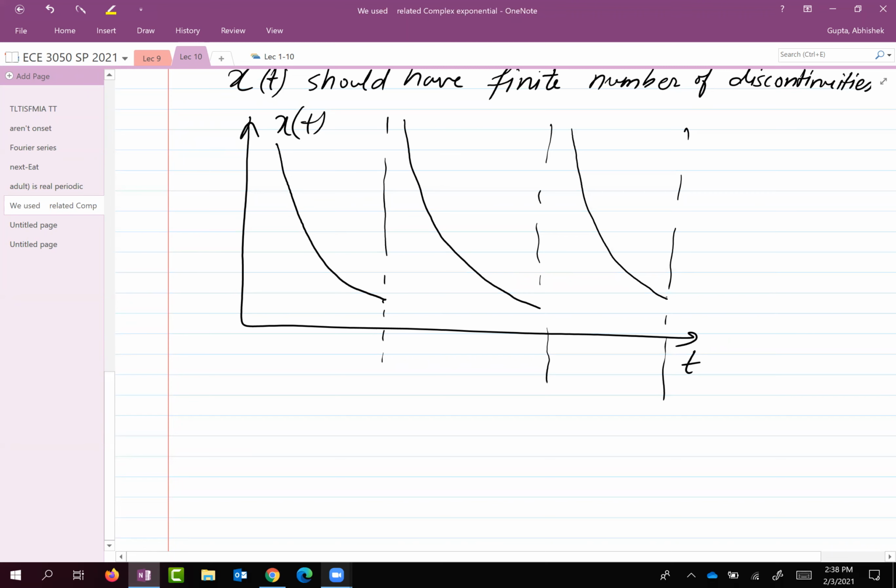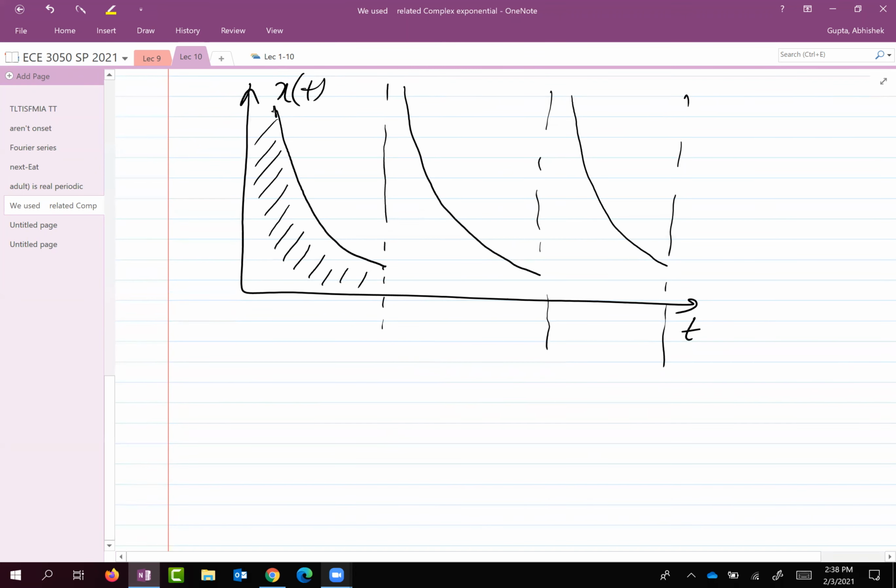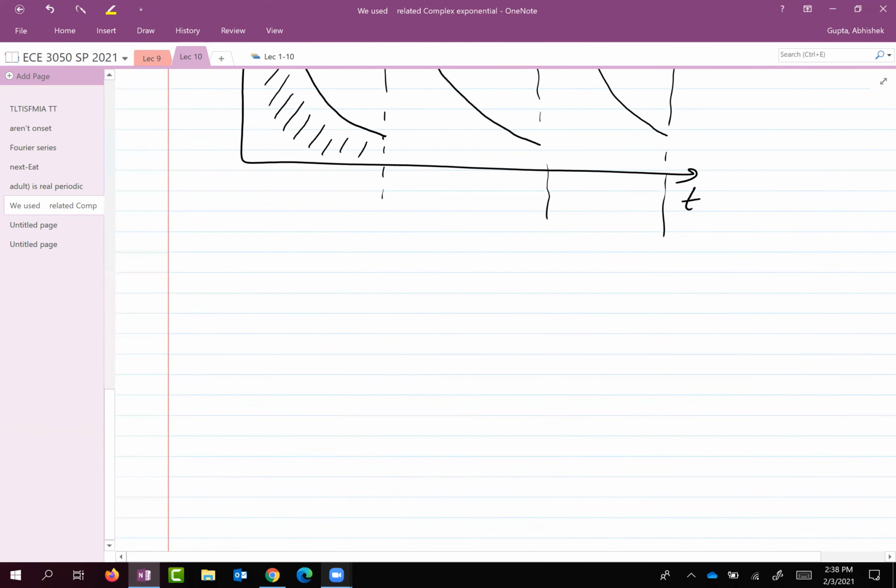It's a periodic signal with period 1, but the area under the absolute value of x(t) is actually infinity. So you cannot represent this type of signal in a Fourier series form. This is the area under the curve, and it is infinity because this line goes all the way to infinity. So the area is infinity, and therefore this cannot be represented in a Fourier series form.